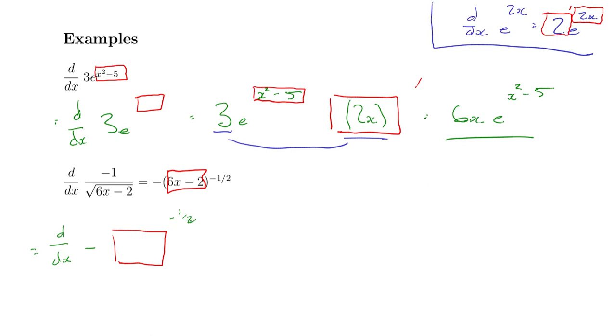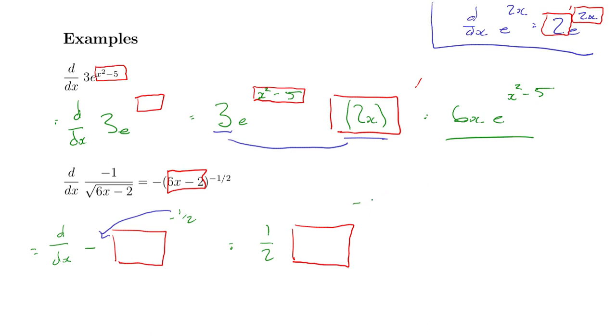So now we've got an exponent. What we can do is bring this exponent out front and subtract 1 just like normal. So when we bring it out front, we're going to end up with positive half now, because that negative sign offsets this negative. Box raised to the negative half minus 1.